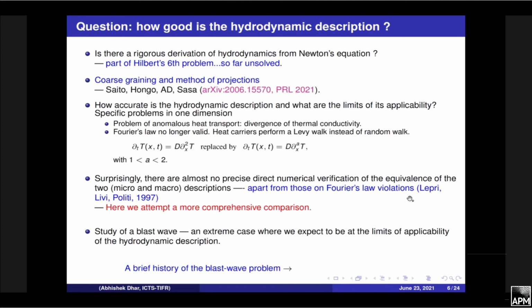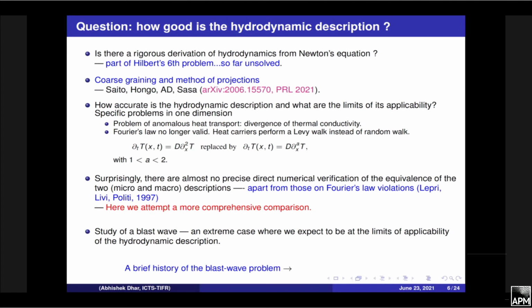People have been studying this for a long time, since the first paper of Lepri, Livi and Politi, trying to understand heat conduction from a microscopic point of view. And there, of course, one finds that what you expect from hydrodynamics, which is Fourier's law, is not valid. But here, what we attempt is in some sense an extension of this question, where we also want to look at all the conserved fields and not just the temperature field.